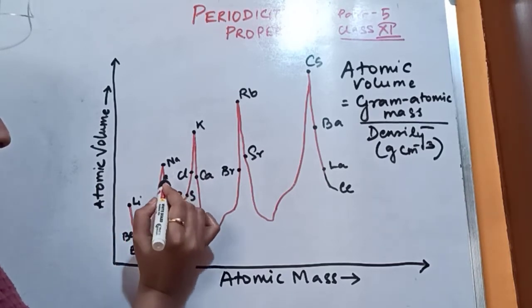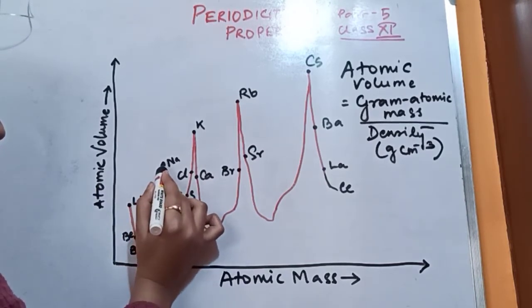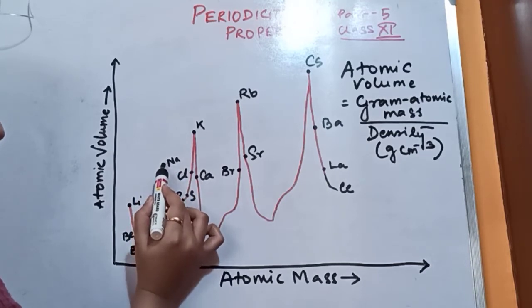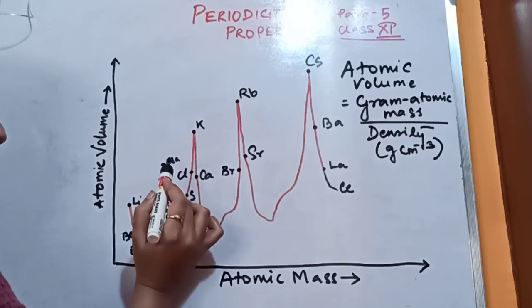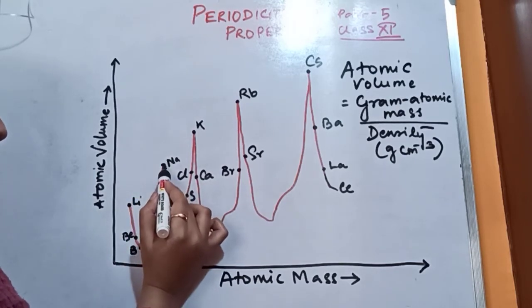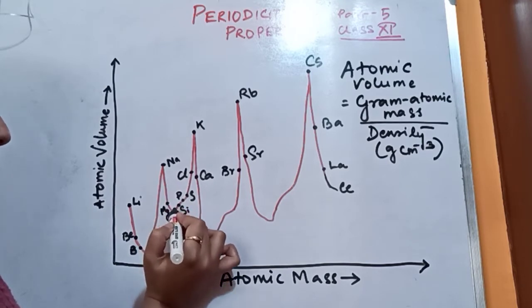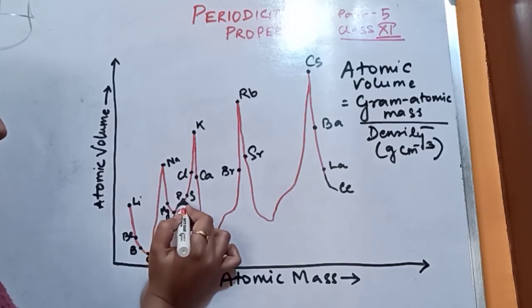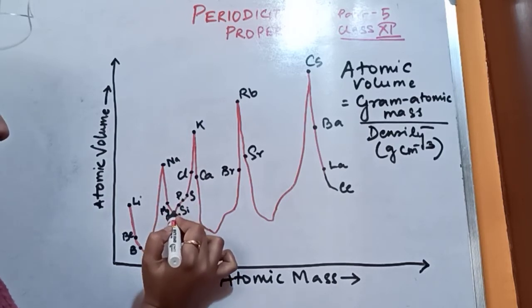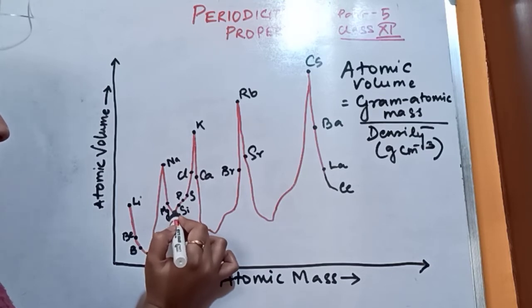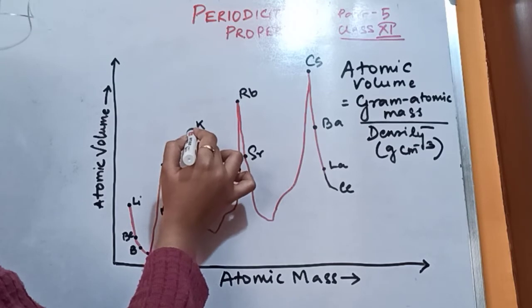After this it comes to the next group 1 element, sodium, which again has the highest atomic volume of the period. After sodium, the atomic volume of magnesium is less, then aluminium, silicon, then phosphorus, sulfur, chlorine, and again to potassium, the first element of the next period.